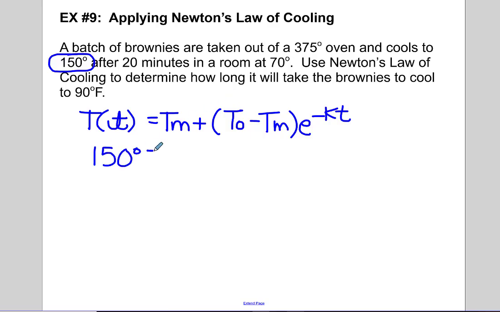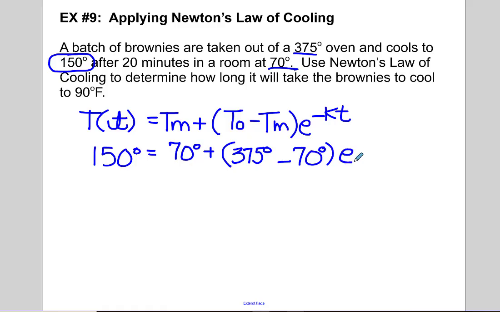It cools to that. T sub m is our room temperature, that's 70 degrees. And T sub 0 is the amount we're starting with. So we're taking it out of the oven at 375 degrees, and we're putting it in a room that's 70 degrees. And we want it to cool for 20 minutes.